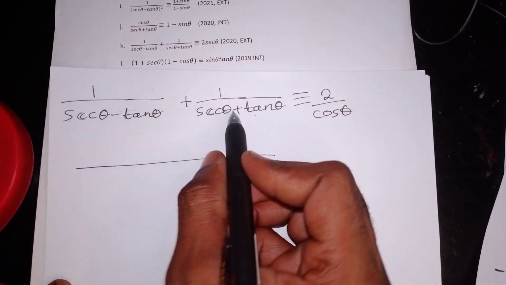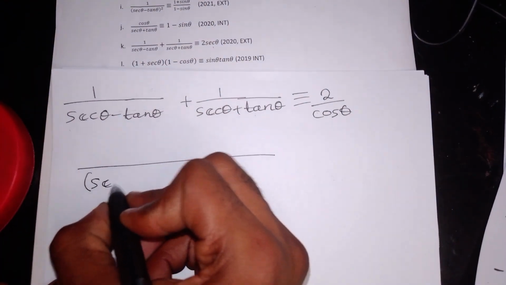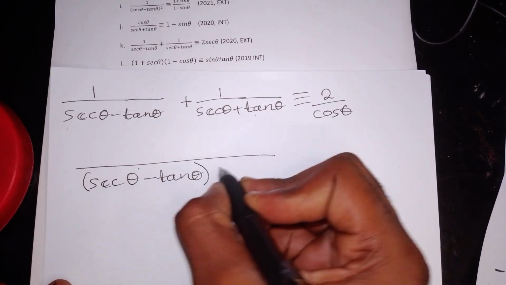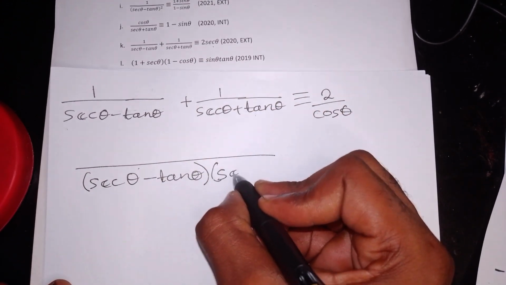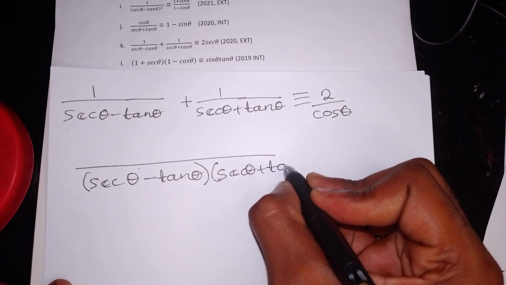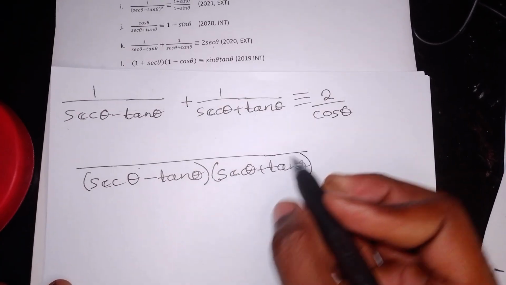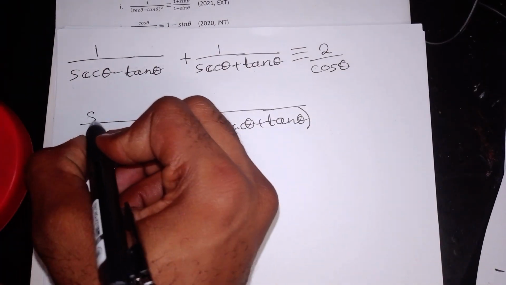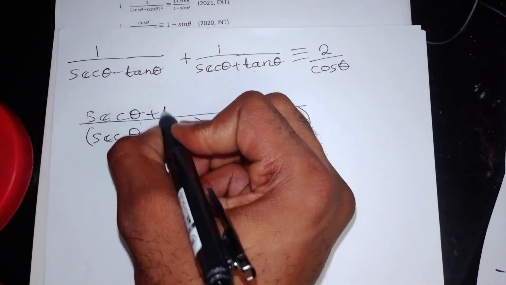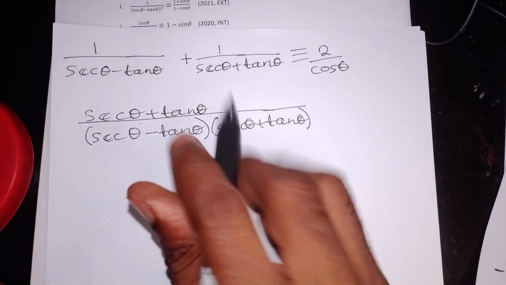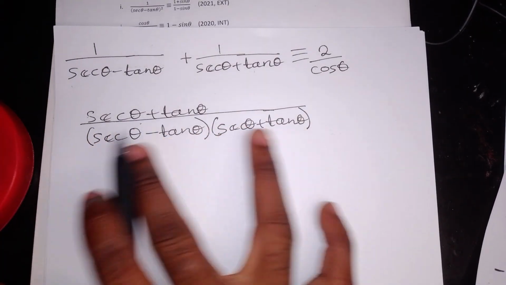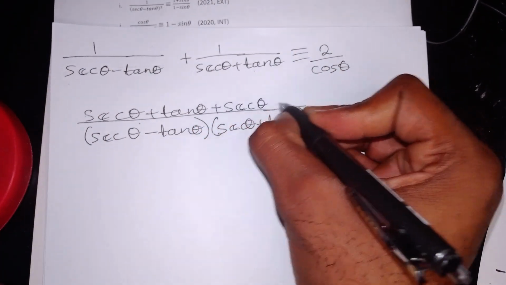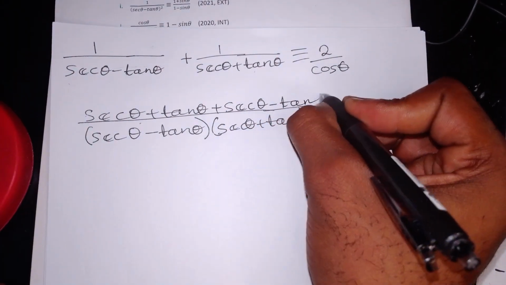So when you find the common denominator, you have sec theta minus tan theta, and then this will be sec theta plus tan theta, and then this into this is this, so this will be sec theta plus tan theta, then this into this, you have this, so this will be plus sec theta minus tan theta.